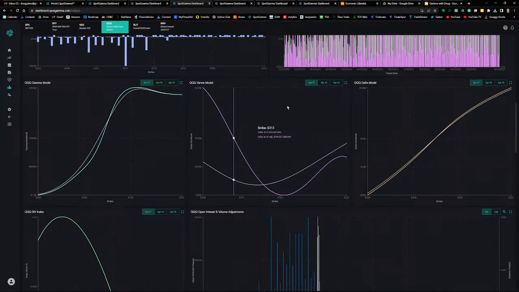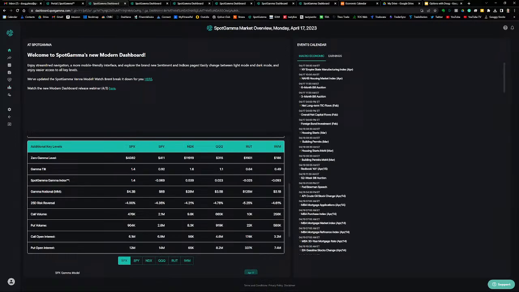All right, so that's the Vanna model. Now let's take a quick look at some data here. Just to point out, gamma notional. This is market makers' position on the gamma curve for SPX, SPY, NDX, and QQQ. All these numbers are positive.